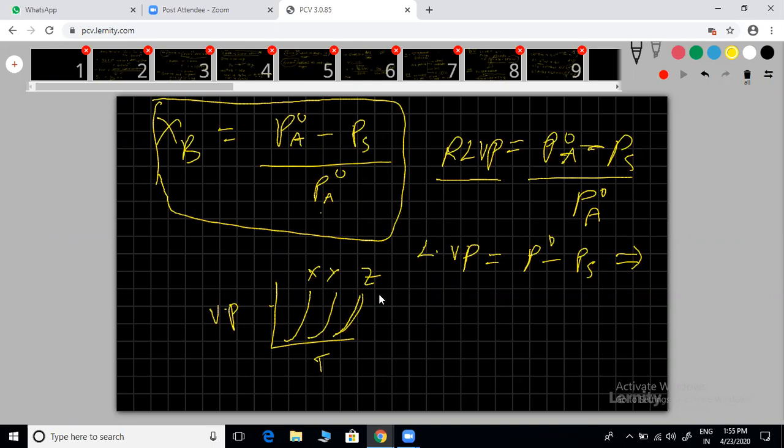So you have to find out that the more the intermolecular attractions, the higher the boiling point. You have to know that point also. So boiling point is directly proportional to intermolecular attractions.